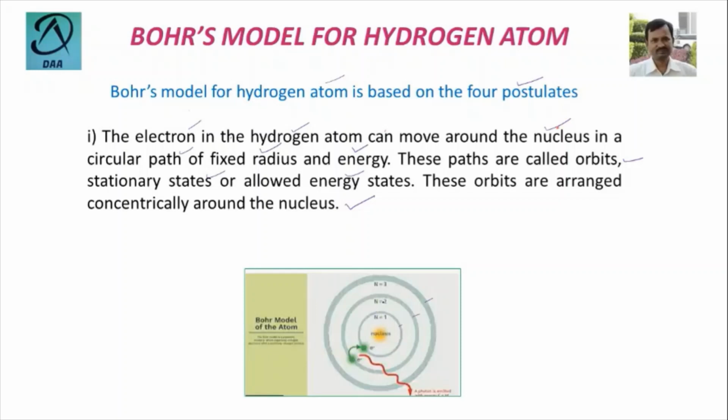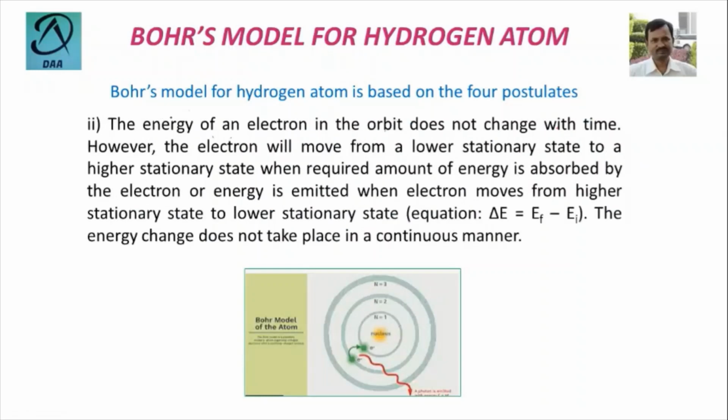When it is excited, it will go to the next orbit having more energy. Second postulate: the energy of the electron in an orbit does not change with time. When the electron moves in this orbit, there is no change of energy with time.